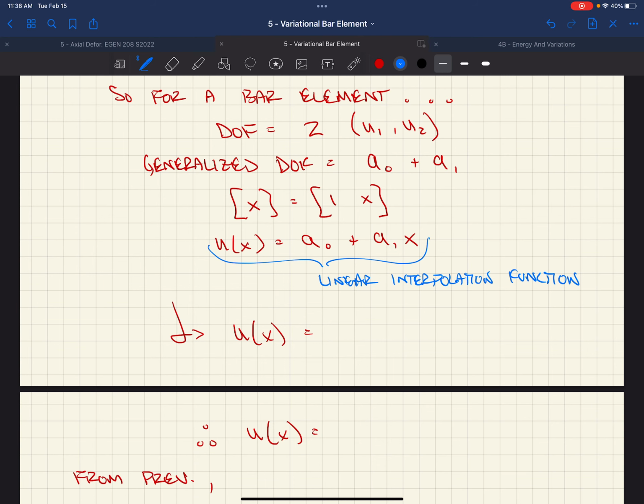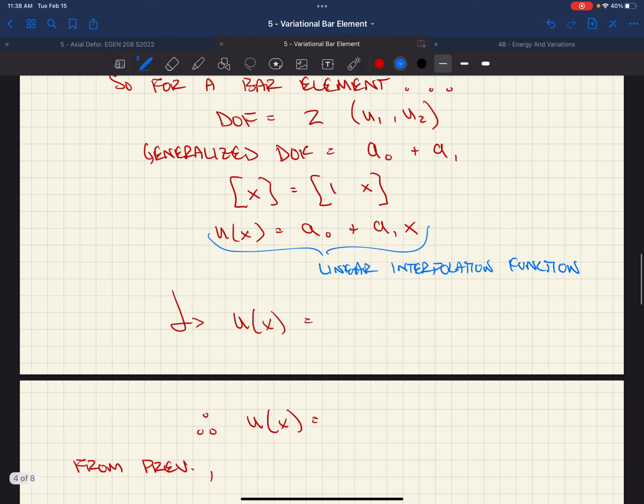Now, we know from our previous work that we can solve for our a naught and a1. They're going to be a function of the coordinates and the length and things like that.